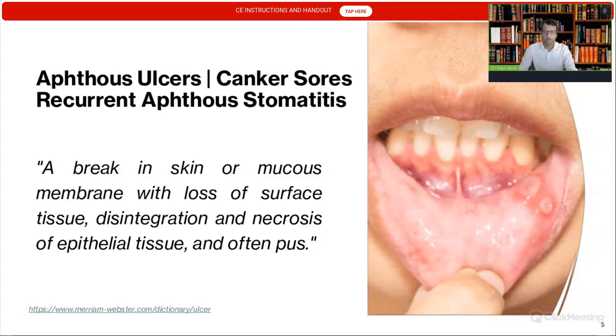And a canker sore is not the same as cold sores. So this is a very important distinction we have to keep in mind. By definition, according to the medical dictionary, it can be precisely defined as a break in skin or mucous membrane with loss of surface tissue, disintegration and necrosis of epithelial tissue, and often recognized with having pus.